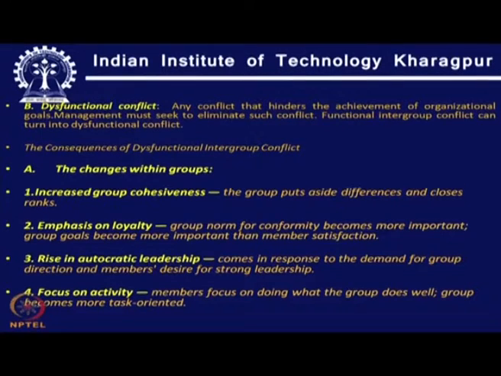When there is a strong intergroup dysfunctional conflict, the first change within the group is of course increased group cohesiveness.